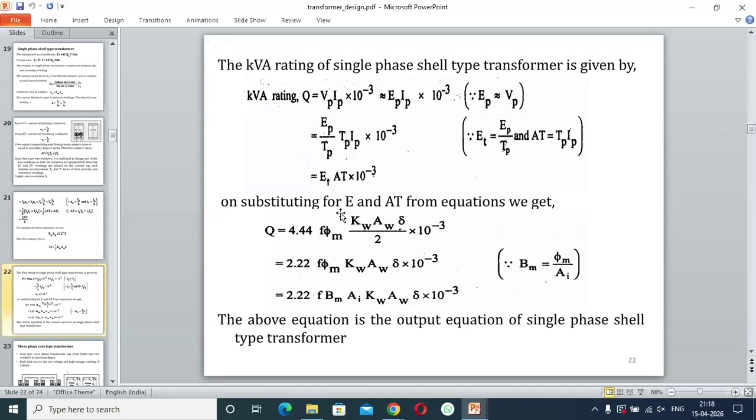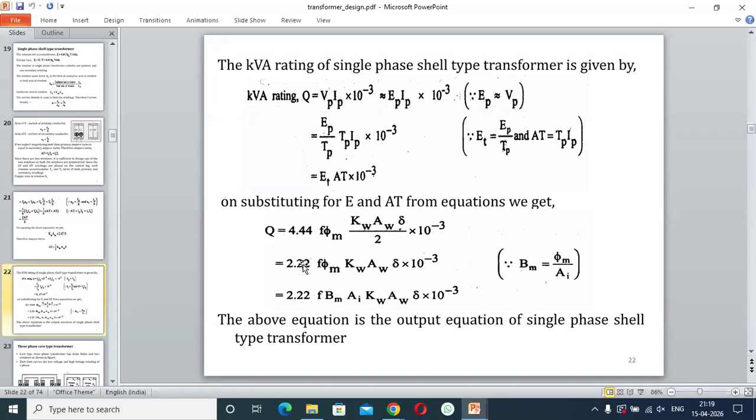So on substituting E and AT from the equation, now we are going to get Q equal to 4.44 f phi m, and the value of AT is KWAW delta upon 2, divided by 10 power minus 3 as usual. Now we change Bm equal to phi m divided by Ai.